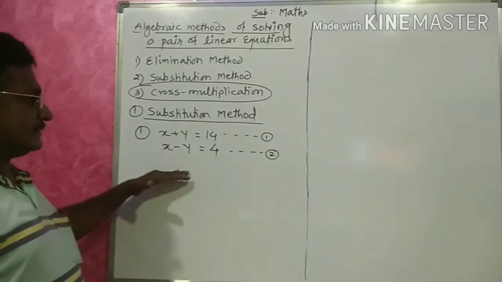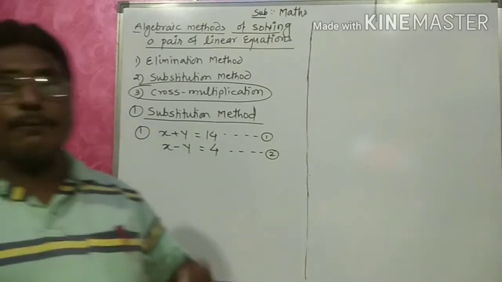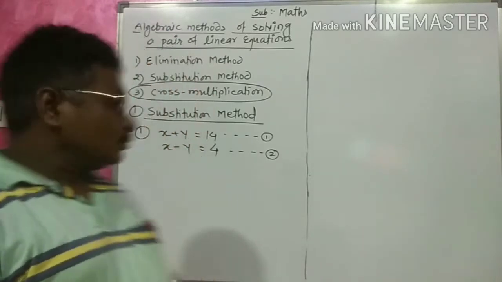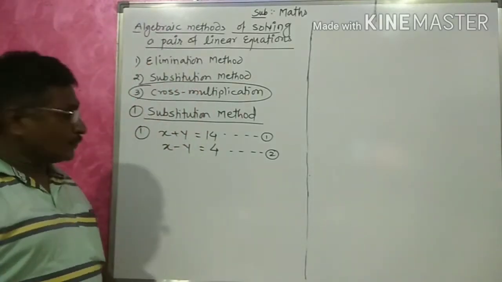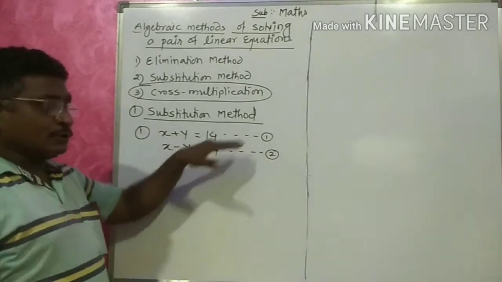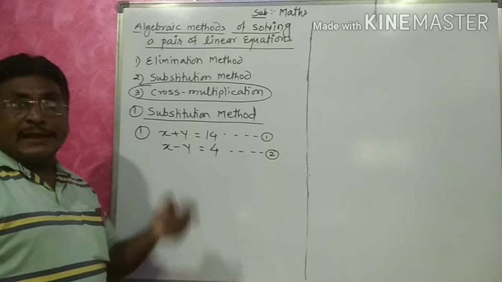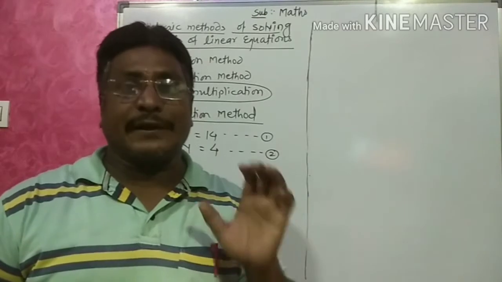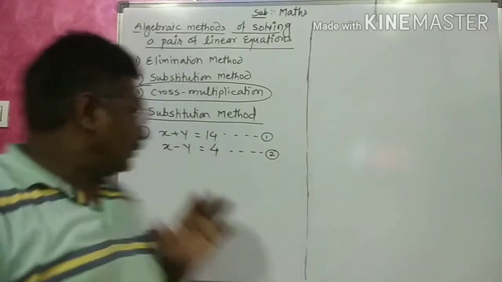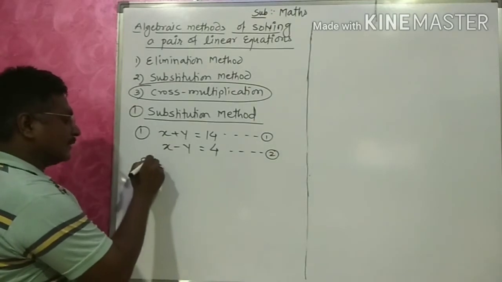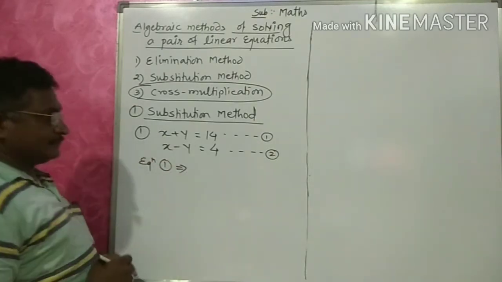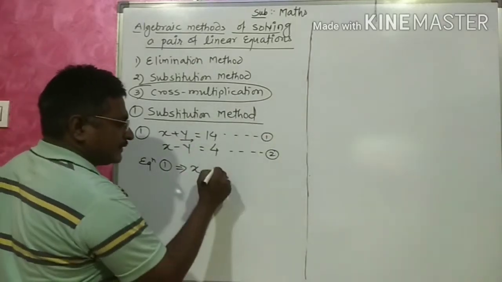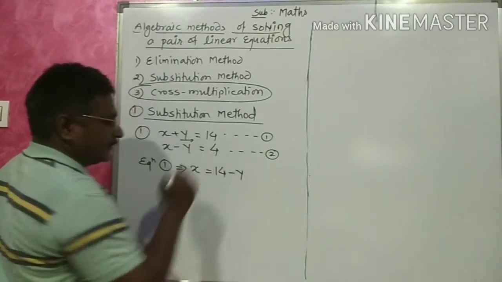So how to solve this? Solving the pair of linear equations means we have to find the values of x and y. How to use the substitution method? Out of the two equations, convert any one equation into x in terms of y or y in terms of x. For example, take equation 1 and transfer y to the other side: x equals 14 minus y.